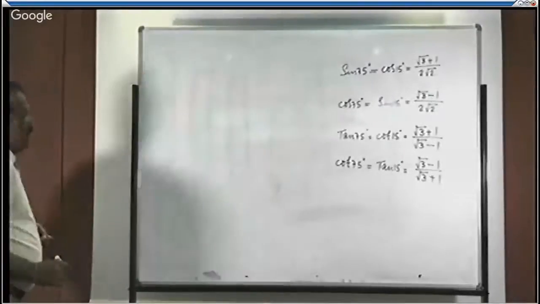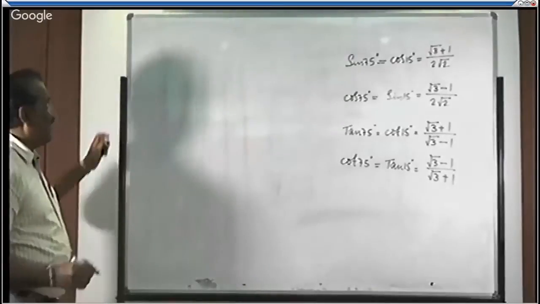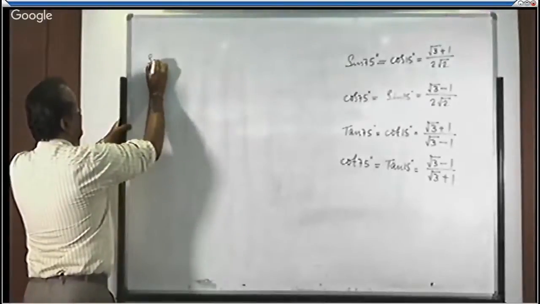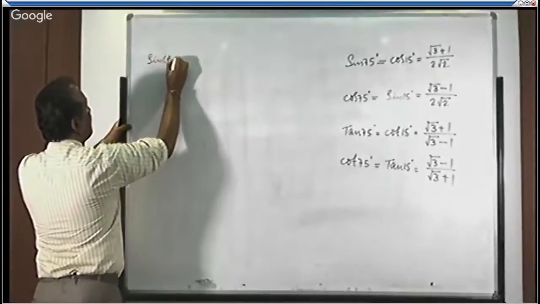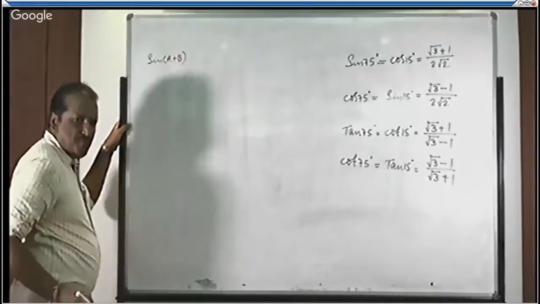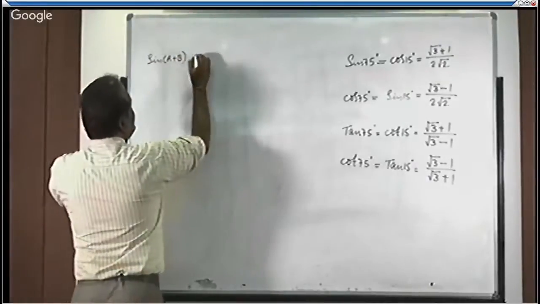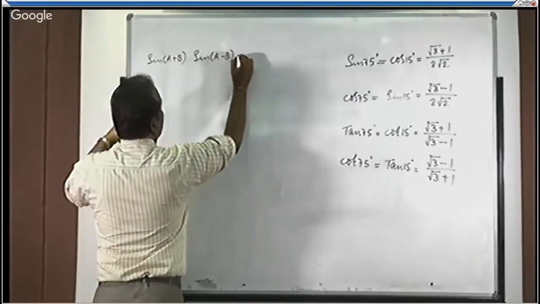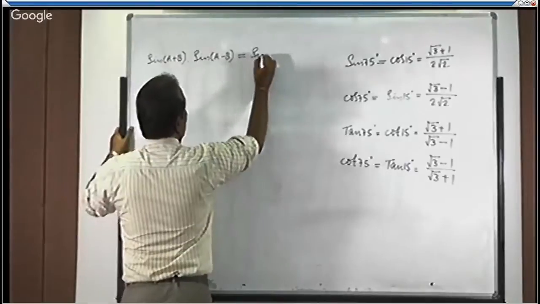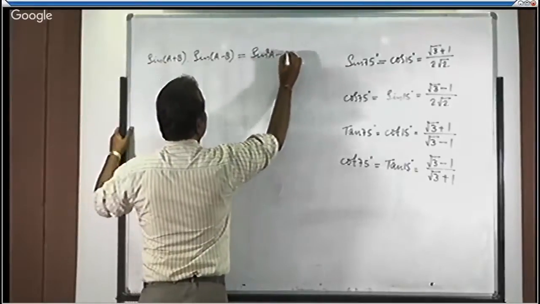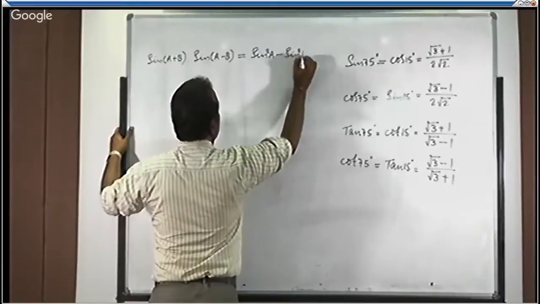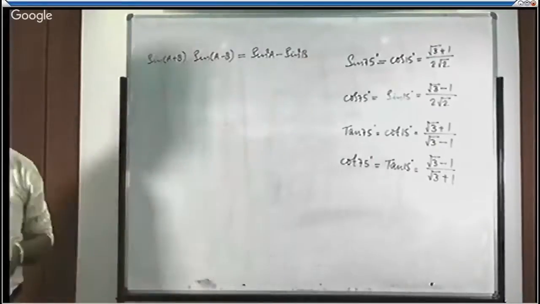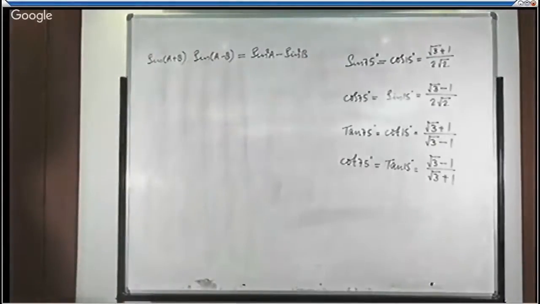Now the next problem is prove that sine of a plus b into sine of a minus b is equal to sine square a minus sine square b, whatever it may be.